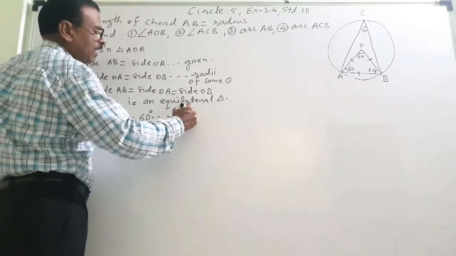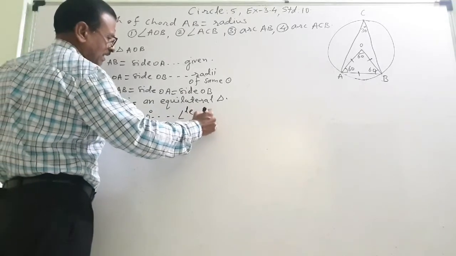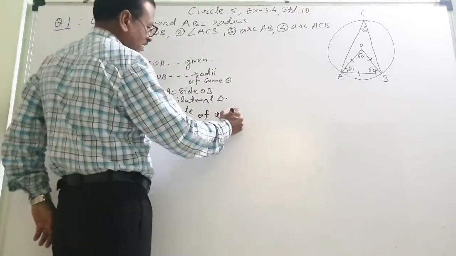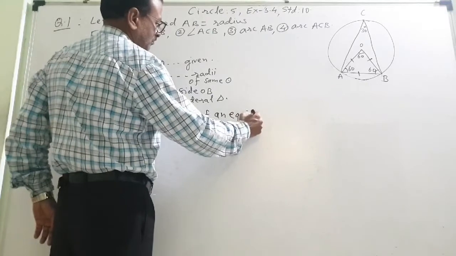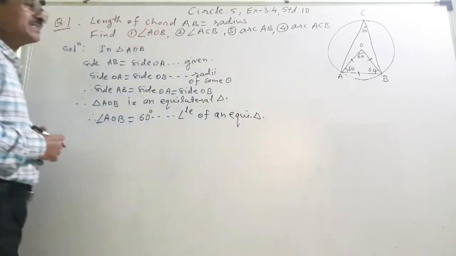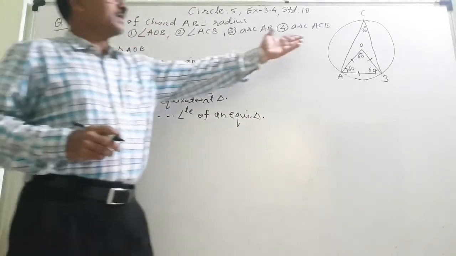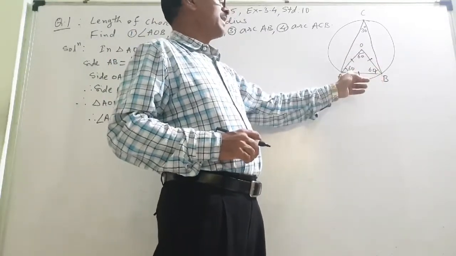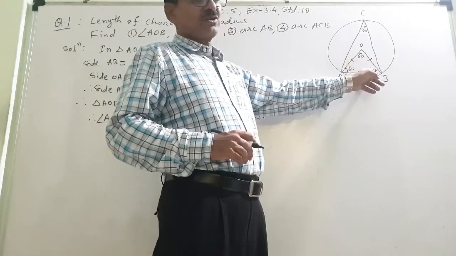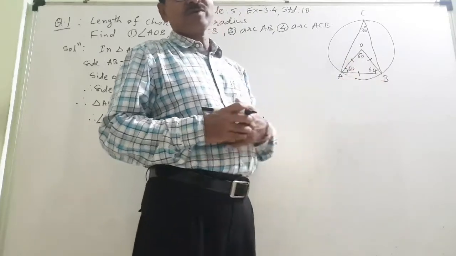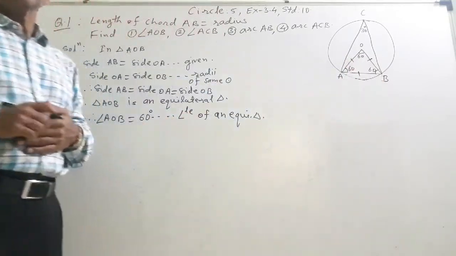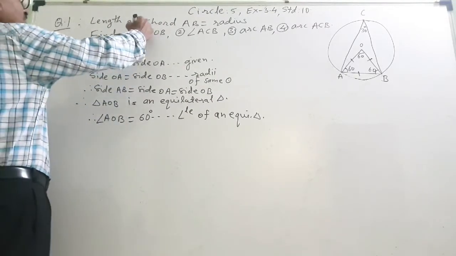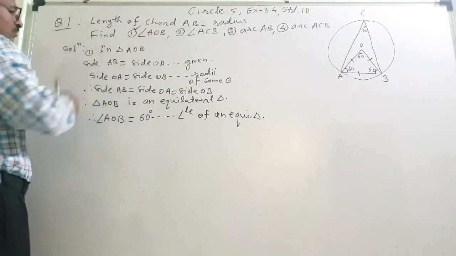Reason, angle of an equilateral triangle, or you can see that angle O plus angle A plus angle B is equal to 180 degree. So this is x plus x plus x is equal to 180 degree. 3x is equal to 180 degree. X is equal to 60, this is also possible. Okay. This angle AOB, one part is over.